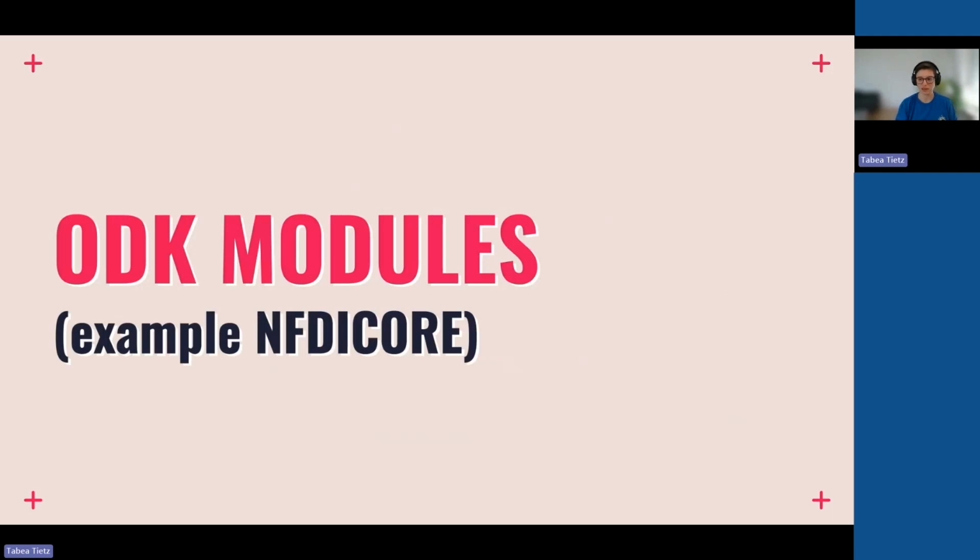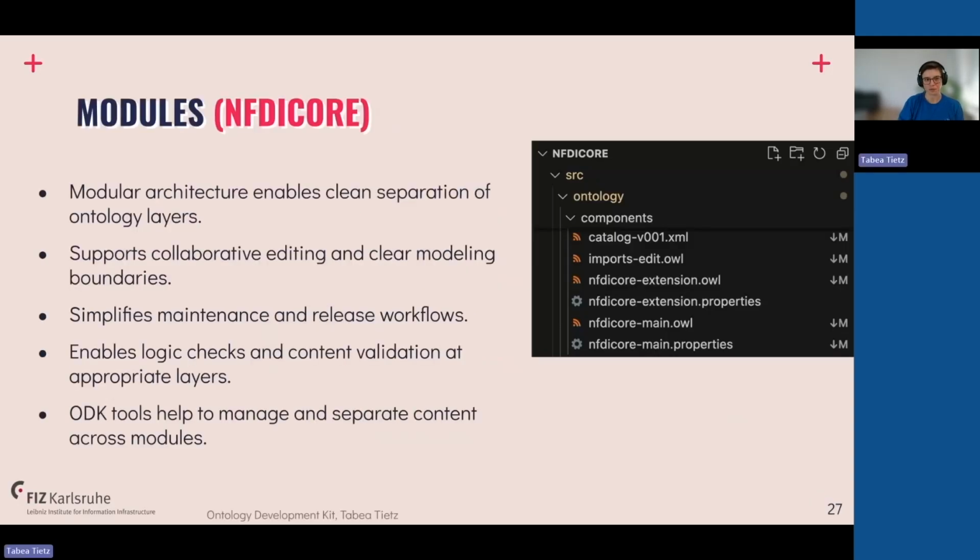And this is something that's very useful for us because, for example, in the case of NFDI core, there are many developers involved, and it's nice to separate these modules. And this modular architecture allows to have this clean separation of the layers, and as I said, supports this collaborative editing and also simplifies really the maintenance here.